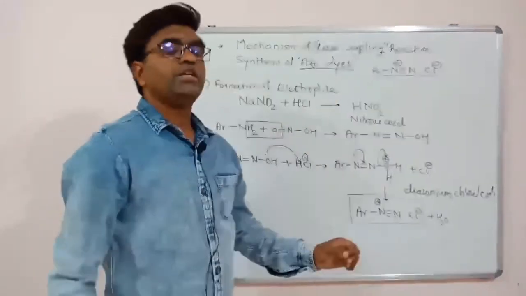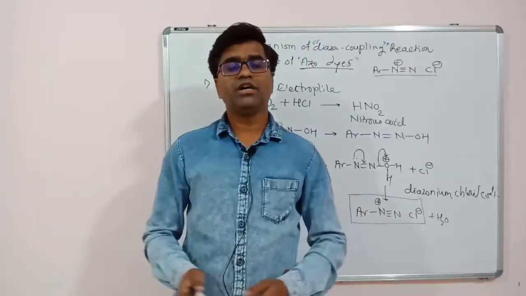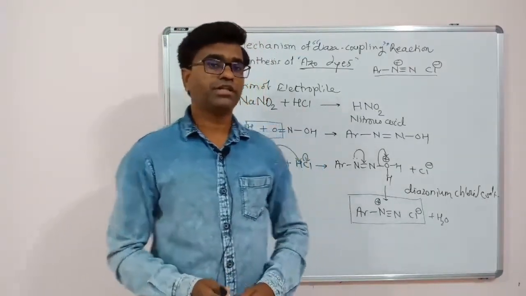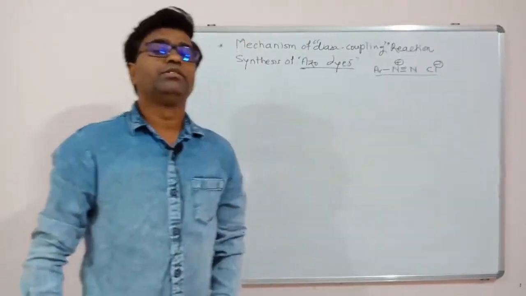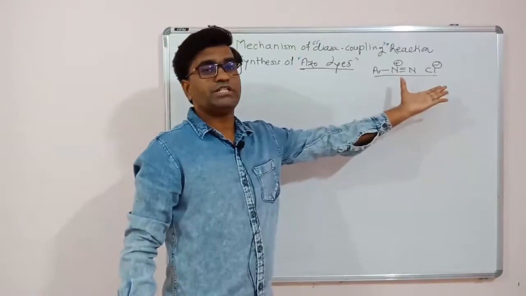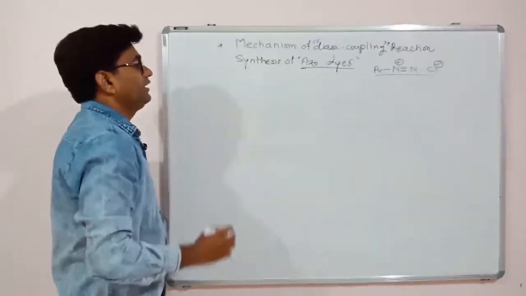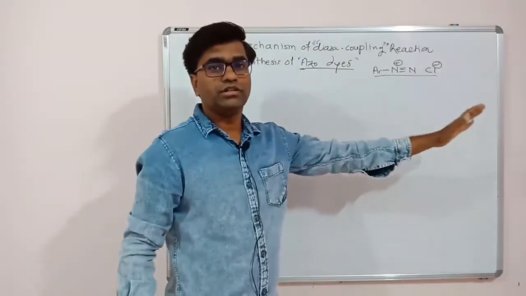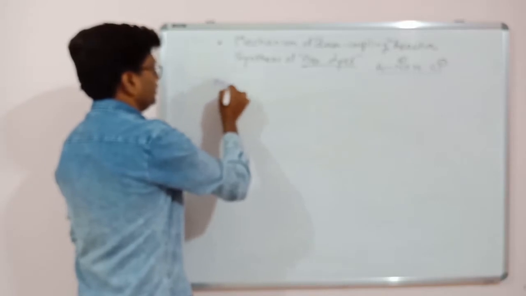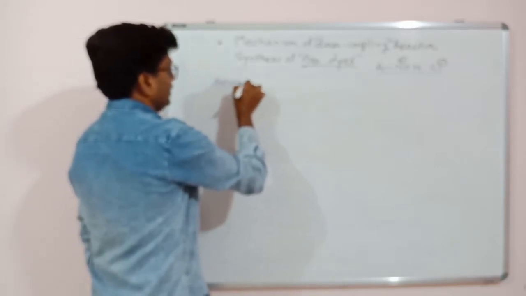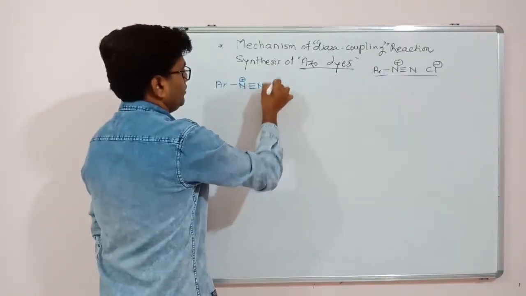Now we are going to learn how that electrophile reacts with our amines or alcohols and gives a product called an azo compound. Friends, this diazonium chloride salt reacts with the proper aromatic ring, and we will get the azo compound. We will see in short. Suppose this is our electrophile, N positive charge and Cl minus.